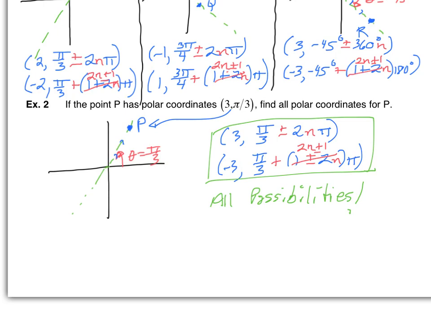So then go to the back of your notes. And the directions for this one will be: plot the polar coordinate.